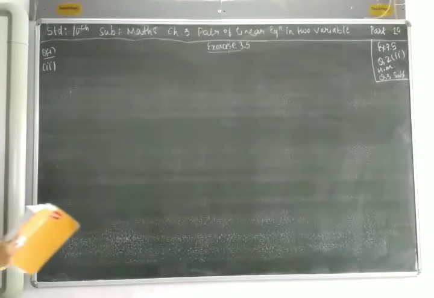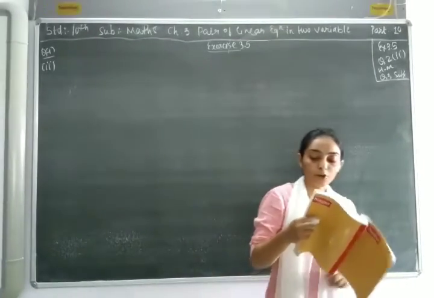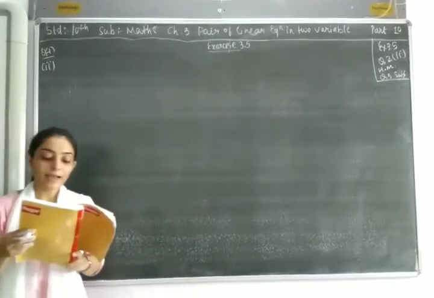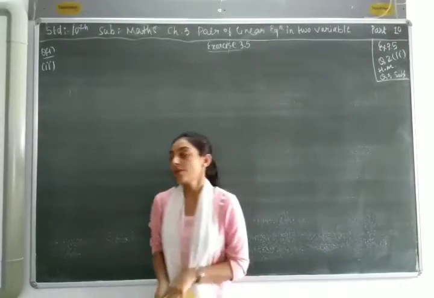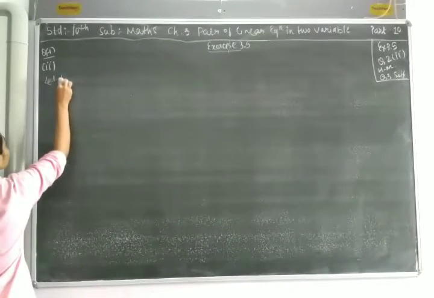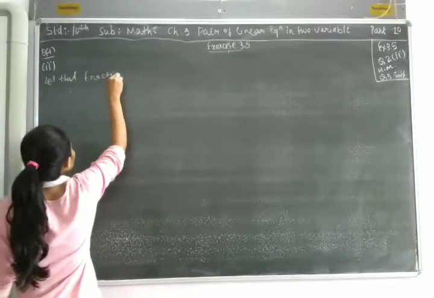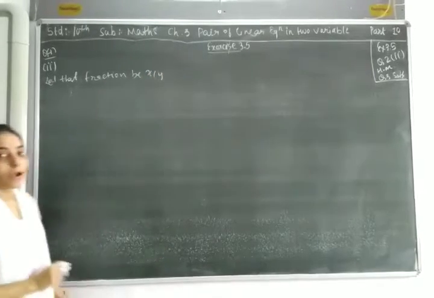A fraction becomes 1/3 when 1 is subtracted from the numerator, and it becomes 1/4 when 8 is added to its denominator. Find the fraction. We don't know that fraction, so let that fraction be x by y.